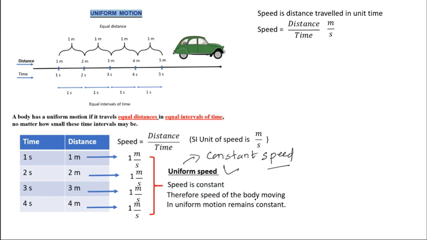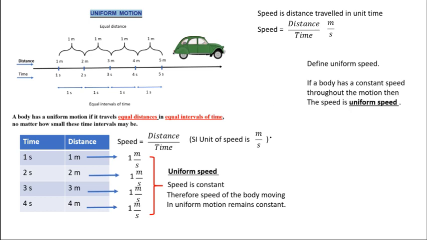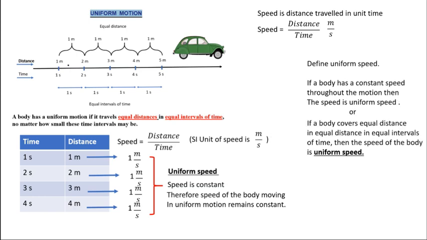So remember this, constant speed, right? So suppose if the question is asked, define uniform speed, you can write the definition in different ways. For example, if a body has a constant speed throughout its motion like this, then it is called uniform speed, right? Or if a body covers equal distance in equal intervals of a time, look at this definition. Both are same, but words are different.